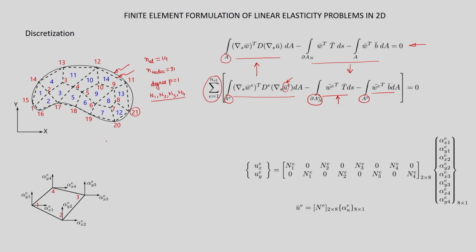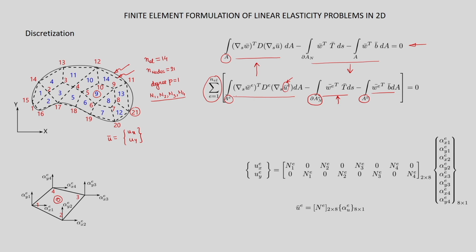Now, for this current problem, u bar has 2 components, one is ux, another one is uy, the displacement along the x and y directions. So, to explain this, let us take element 9, and here element 9 has been shown separately in the second figure below.